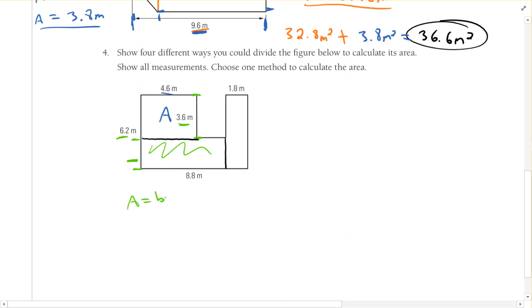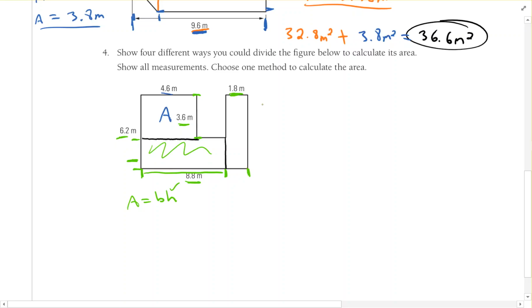Remember, area is equal to base times height. You've got the height so far, so good there. We need the base. Right now, 8.8 is the distance of the whole thing, from there to there. But if I go 8.8 minus 1.8, I should be left with just the distance from there to there, right? So then you'd have your base for both of those.